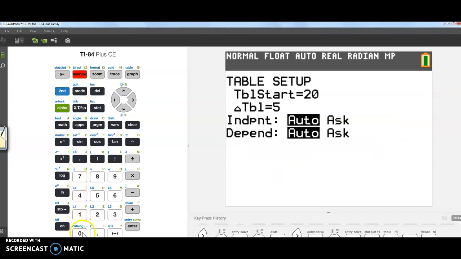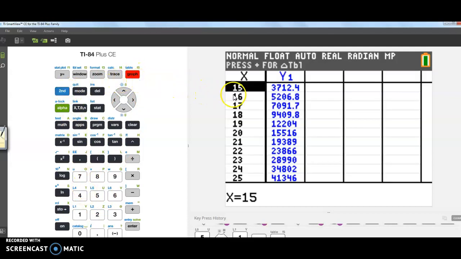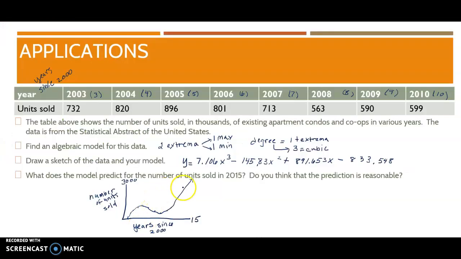And so I will start this at 15 and go up by ones, and then I will check out what my table says. And so here for 2015 the answer is 3,712. So prediction here is 3,712 units.